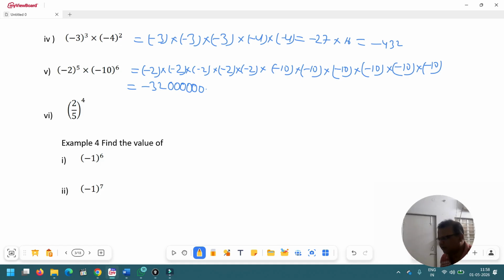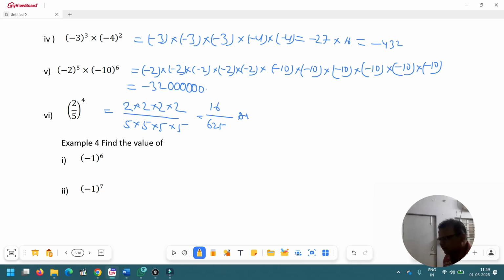That is the answer. Now consider 2 by 5 to the power 4, which is equal to 2 into 2 into 2 into 2 over 5 into 5 into 5 into 5, that is 16 by 625. That is the answer.